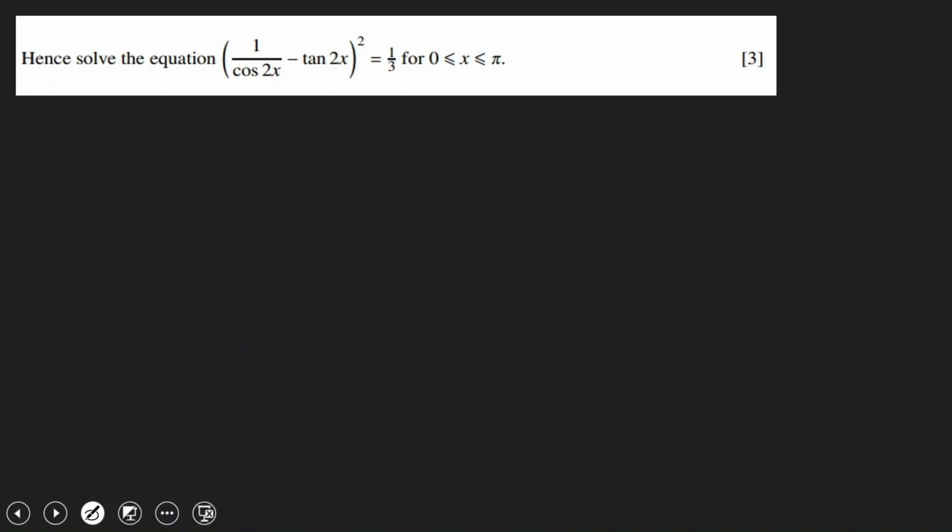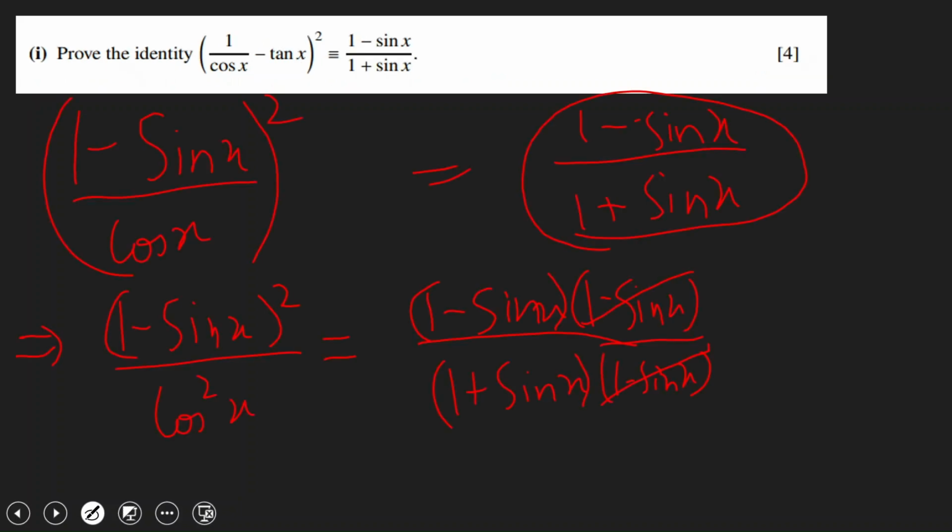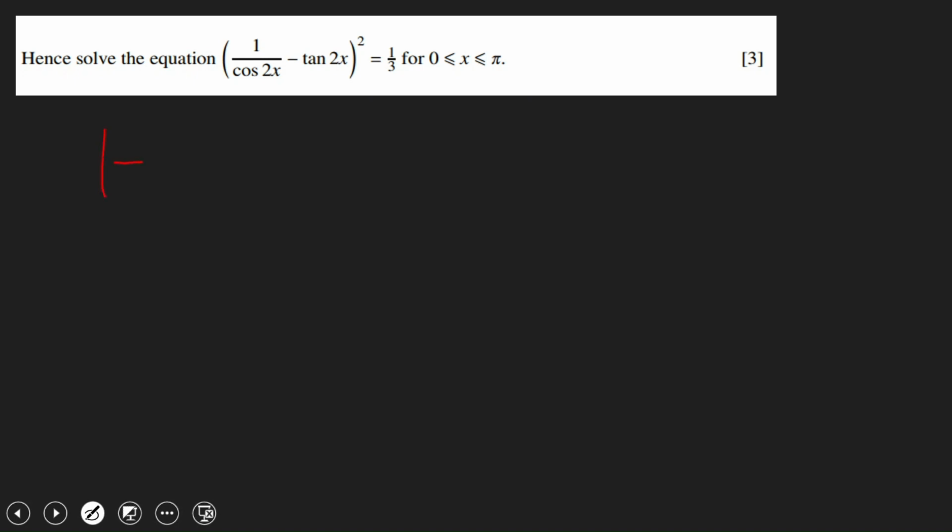Now 1 by cos 2x minus tan 2x whole square is equal to 1 by 3. And we already saw that that is simplified into 1 minus sine x over 1 plus sine x. So if the x is replaced by 2x, it's going to be the same thing. It's going to be 1 minus sine 2x divided by 1 plus sine 2x, which is equal to 1 by 3.